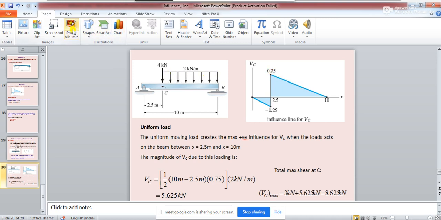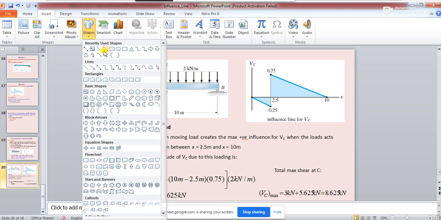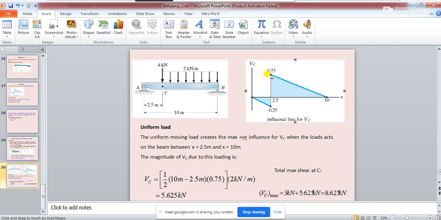So basically, see what is happening. This uniformly distributed load is actually staying on this influence line like this, right?